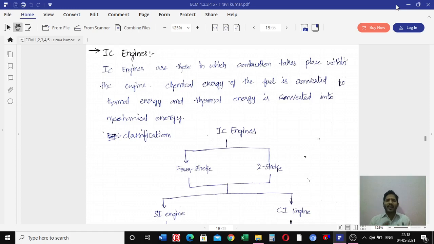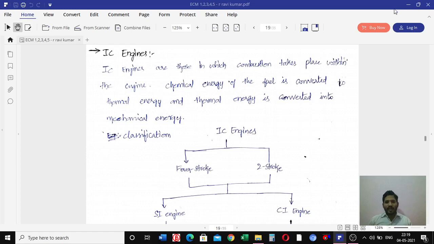The chemical energy of the fuel is converted to thermal energy, and this thermal energy is converted into mechanical energy.